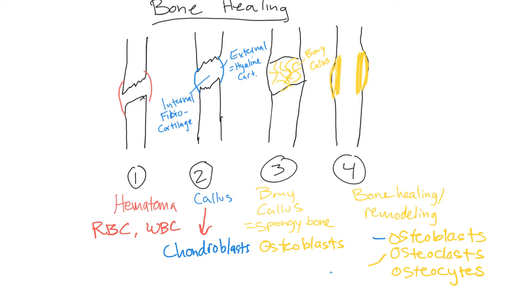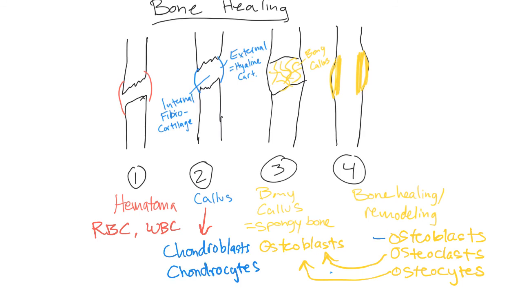These will also be important in forming that bony callus as well. And we'll add chondrocytes here as well. Chondroblasts will initially secrete the matrix and then they'll mature into chondrocytes.